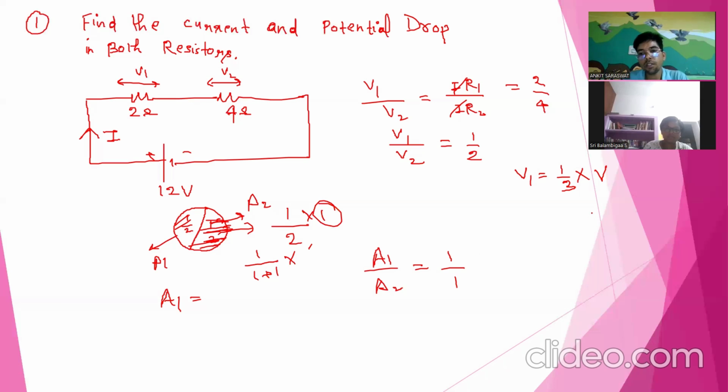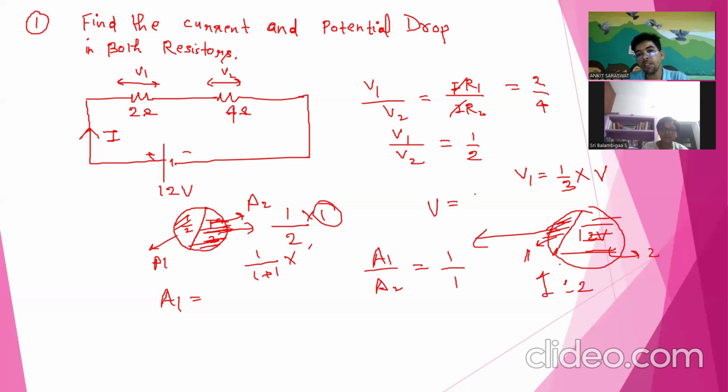One part will be this, and this is 2 parts. Clear? 1:2. Now if I ask how much voltage here, then you will say, sir, it is 1/3 of total.